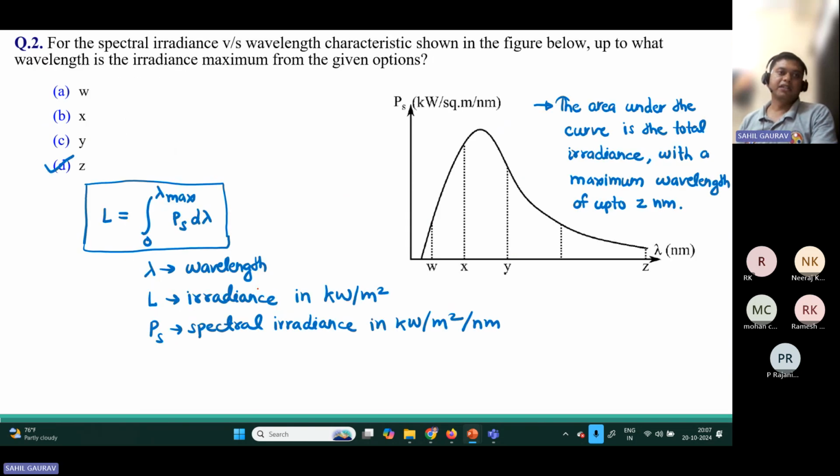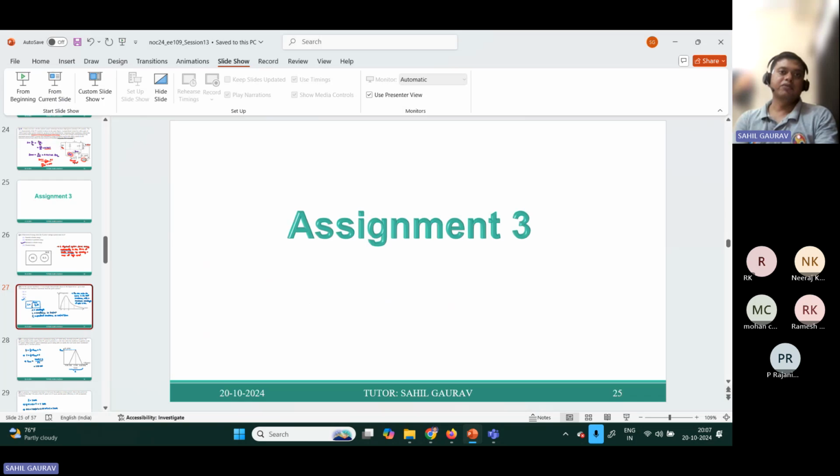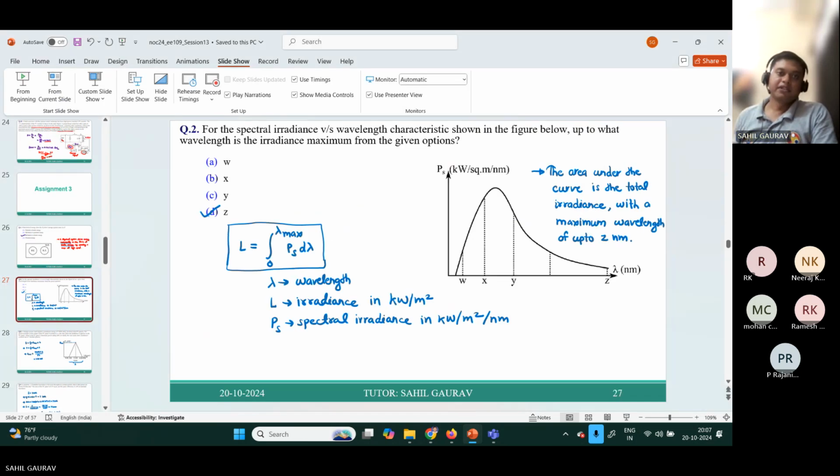Now coming to the next part, for the spectral irradiance versus wavelength characteristics shown in the figure below, up to what wavelength is the irradiance maximum from the given option? So this area under the curve is the total irradiance with a maximum wavelength of up to Z nanometer.